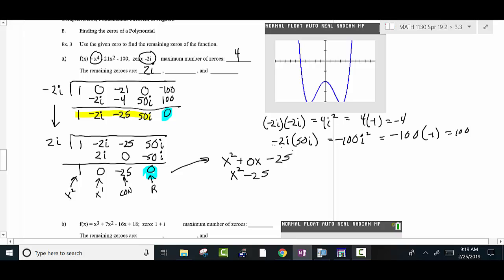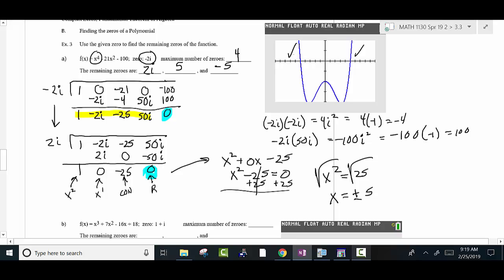Which is easy. On this one, you could either factor or you could do the square root property. So let's just do the square root property, or you can do this in your head. So you would have x squared is 25, square root both sides. So you would have x equals plus minus 5. Okay, so your other two zeros are 5 and negative 5. And you can tell by the graph that I got up here that that's right.